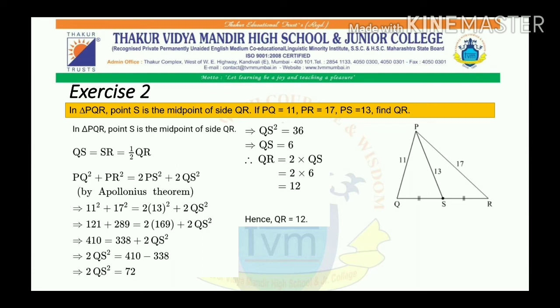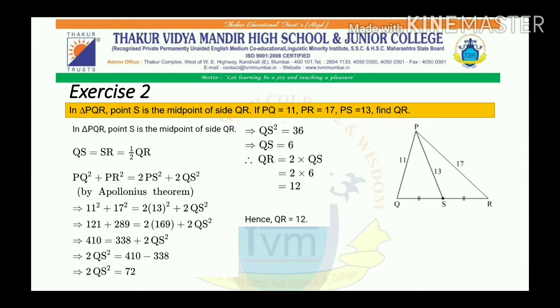In triangle PQR, point S is the midpoint of side QR. QS is equal to SR is equal to half of QR. So by Apollonius theorem, PQ square plus PR square is equal to 2PS square plus 2QS square.